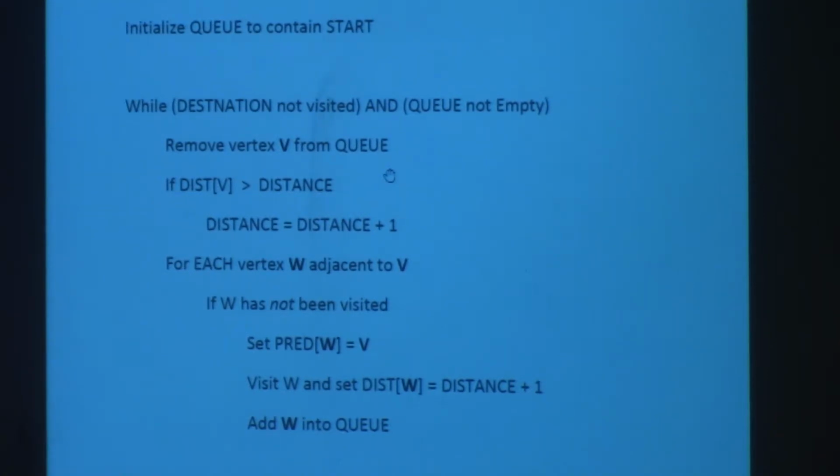We will not bump that value until we visit the first unvisited neighbor of B. Okay? Does that make sense? And as we visit every neighbor of B, C, and D, that value, which will be at that point 2, will not switch until we visit the first neighbor which has not been visited. Okay? Does that make sense?